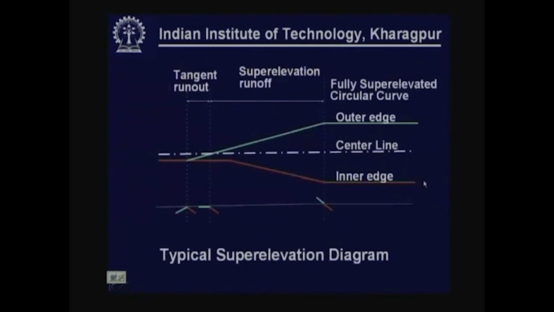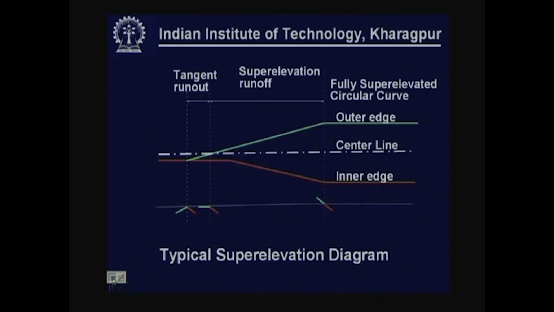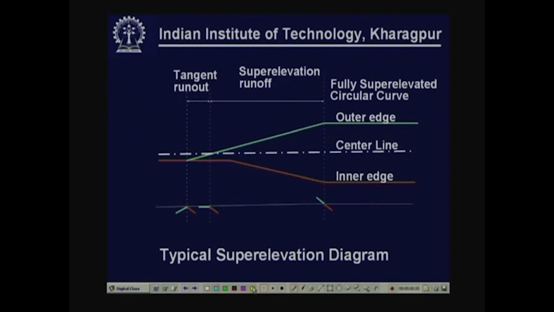Now, the same thing is shown here in a typical super elevation diagram. This is the tangent portion, up to this line. Therefore, the slope is equal to the camber, the normal cambered section.